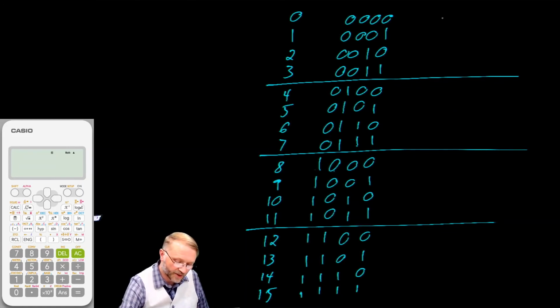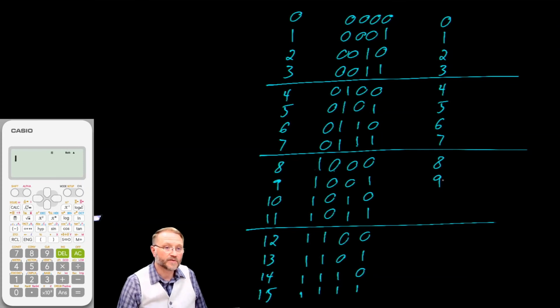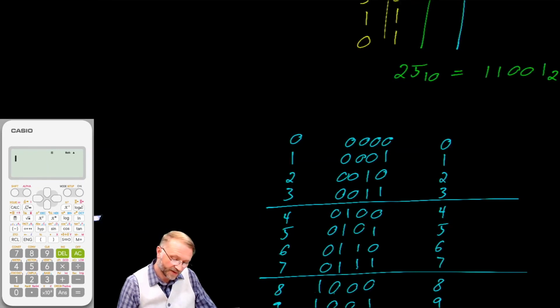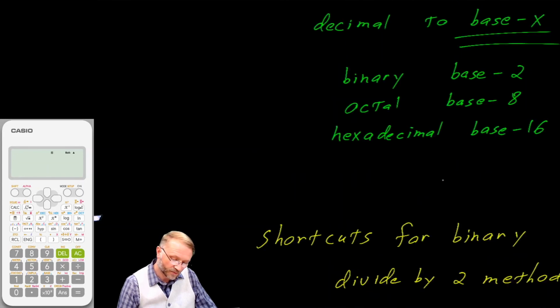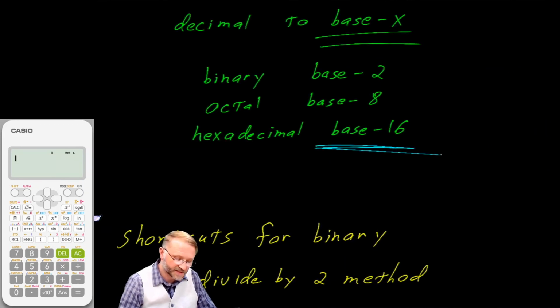In this last column, we can put in the hexadecimal values. 0, 1, 2, 3, 4, 5, 6, 7, 8, 9. So everything was the same as before, but we need more symbols because hexadecimal, did we write that down? Hexadecimal was base 16. So there's 16 symbols that we have to work on.